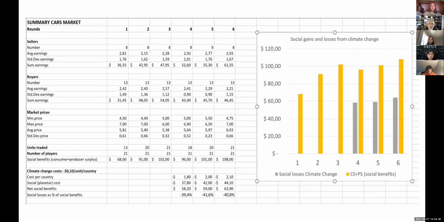We did our experiment with the cars market, and you may remember, this is in your class notes, that we did the accounting, particularly with these gray bars, of how much of the net gains that the market was producing had to be discounted if we accounted for the costs of mitigation and adaptation.